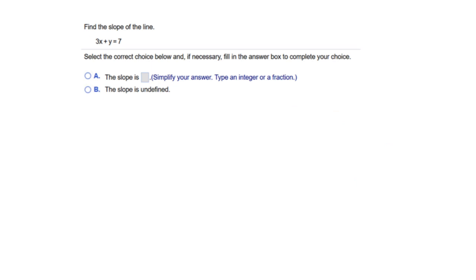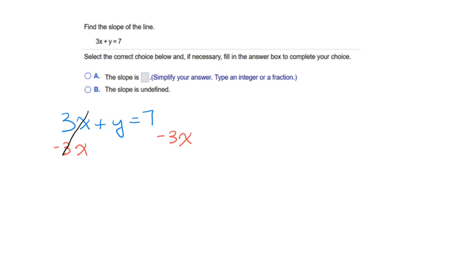Again, we are asked to find the slope of the line. In this case, if we take a closer look at this problem, 3x plus y is equal to 7, we will notice that we have to do some maneuvering to get y by itself. Remember, we want a positive y equals everything else. So I need to move my 3x over to the right-hand side of my equation. I do this by subtracting. If positive 3x, we subtract 3x. What I do to one side of my equation, I need to do to the opposite side.